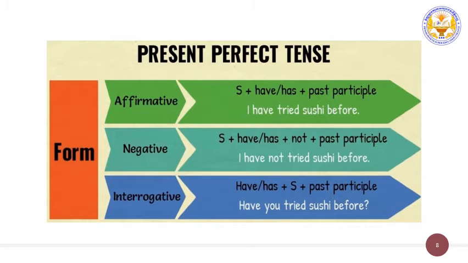And if you want to change it into negative form, you just add not in between have and the verb participle. You can see the example here. I have not tried sushi before. And if you change to question, you just move have to the front. So have you tried sushi before? Or if you have a question word like a WH question, then you just add it in the front.